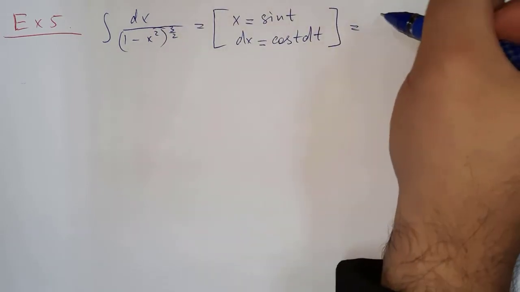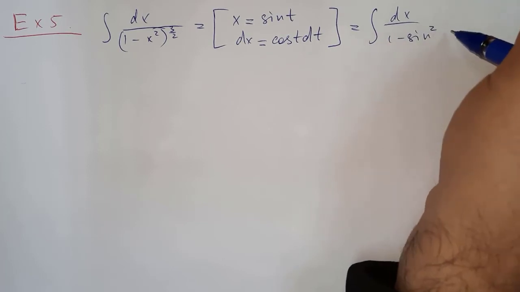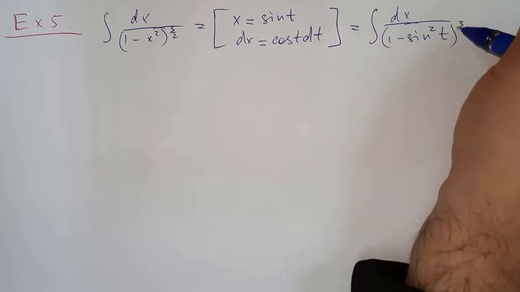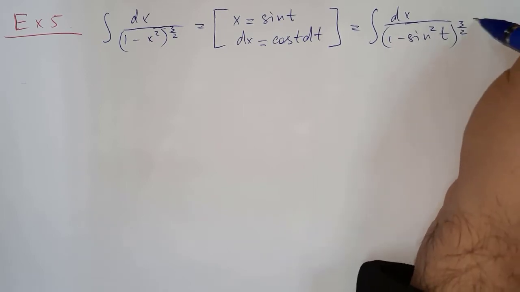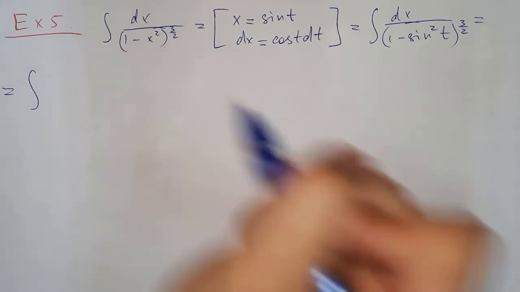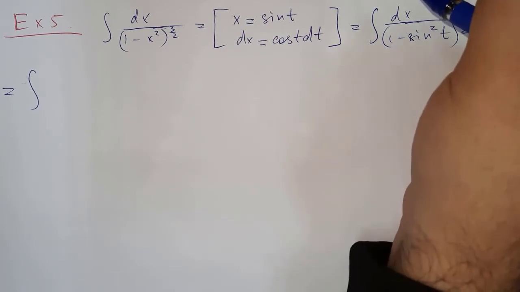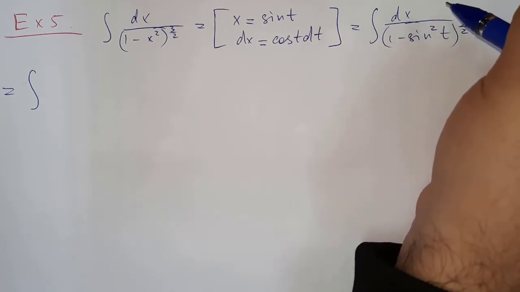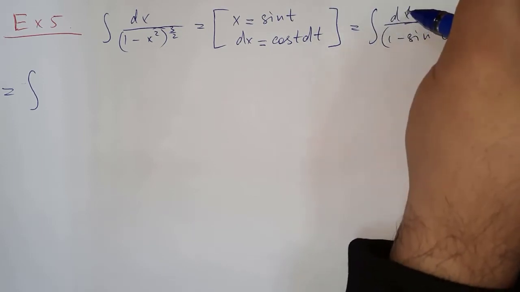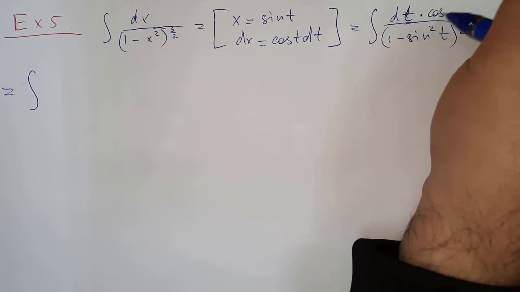If we put here dx over 1 minus sine squared t to the power of 3 over 2, then 1 minus sine squared t gives us cosine squared t, yes? And here of course we have dt times cosine t.